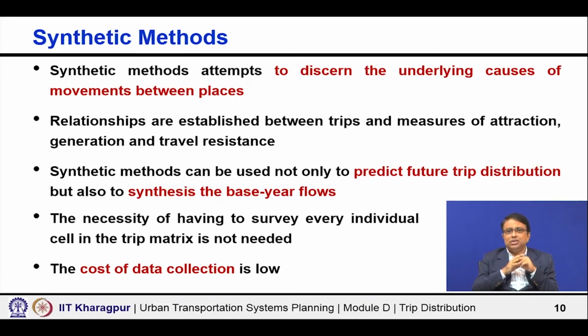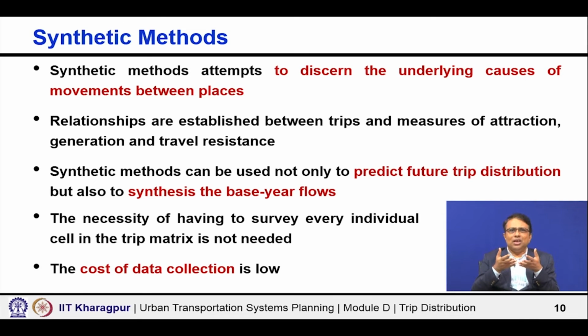But wherever there is a change in the transport network and we really do not have the values, we want to model those values, not just use a multiplier and update it. We want to really model it. So there we need to go for the synthetic methods.